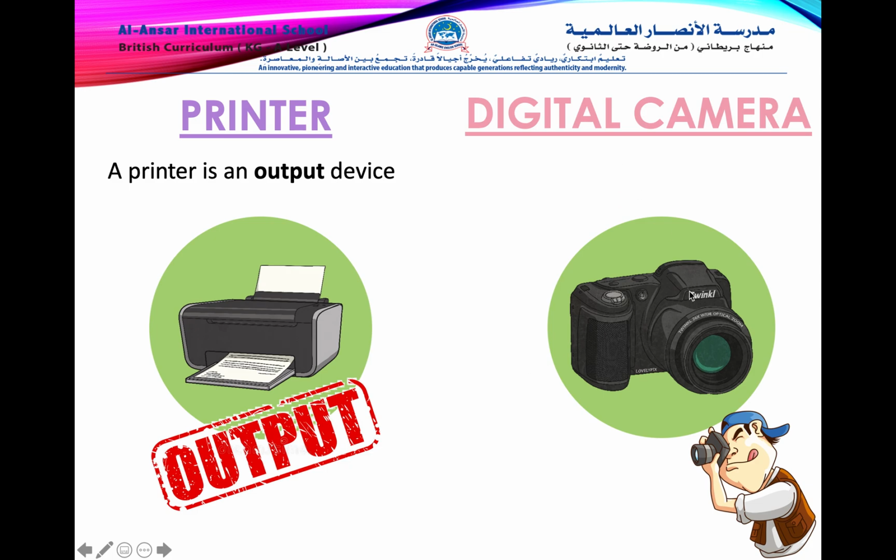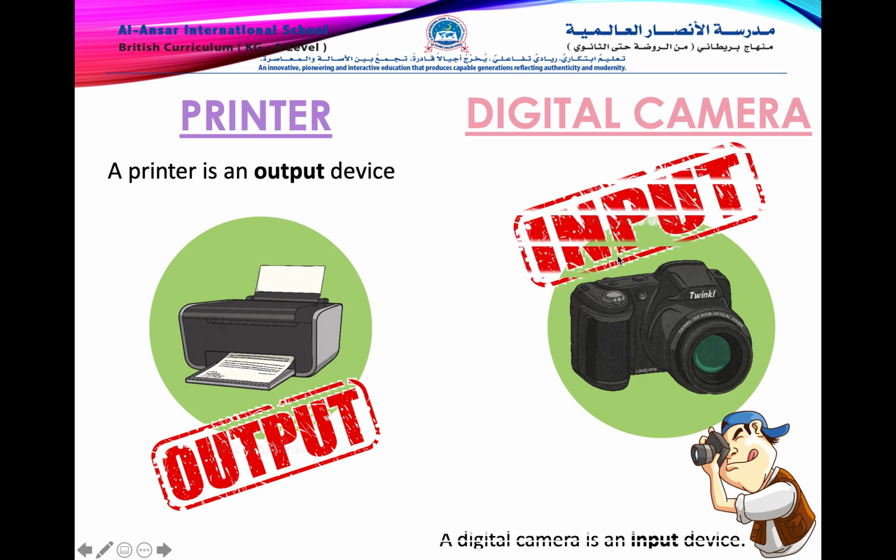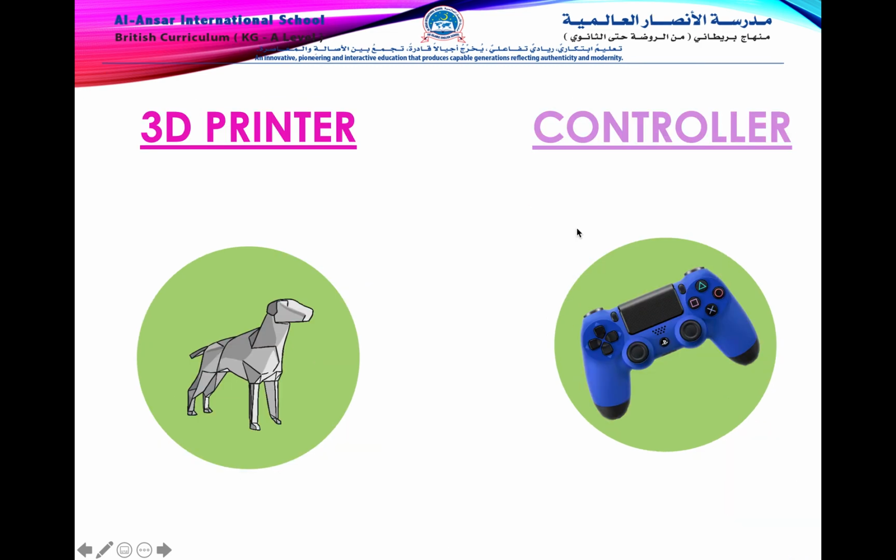A digital camera. If we take photos with this camera and we put them into the computer, does that make it an input device or an output device? Well done. It is an input device. Our last one.